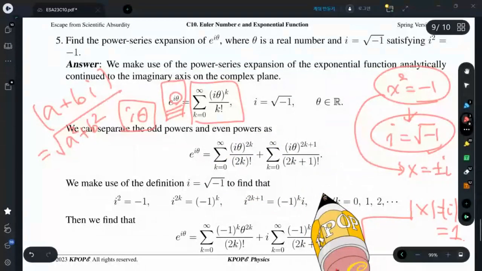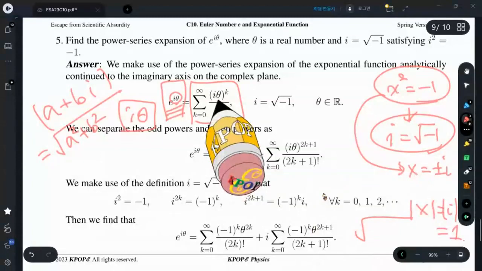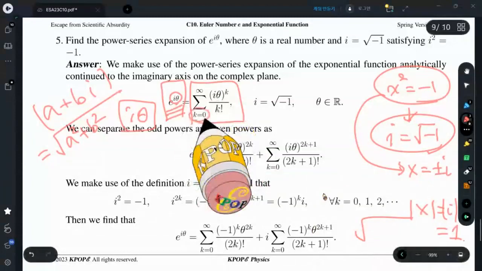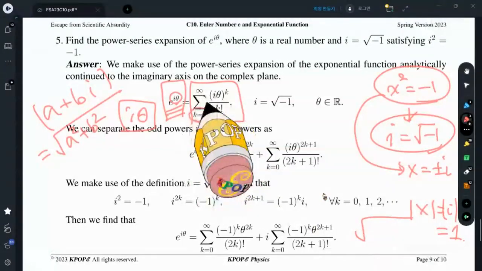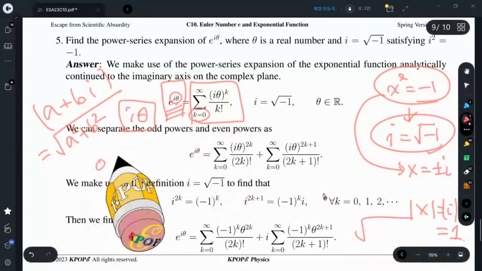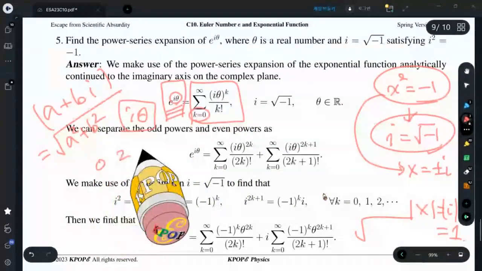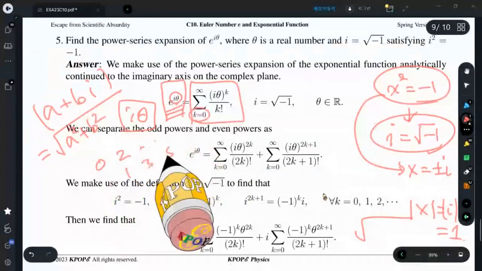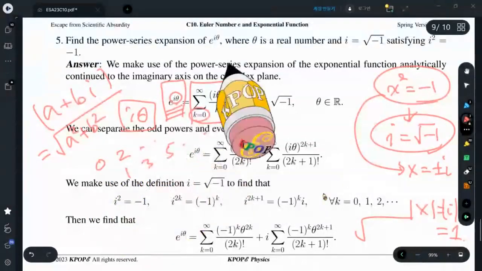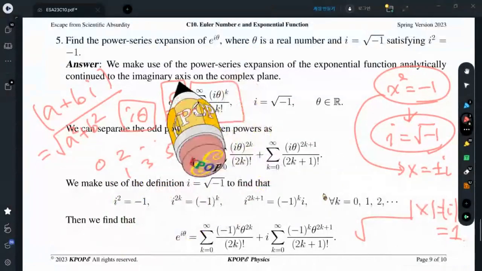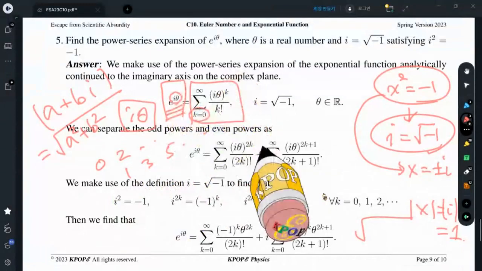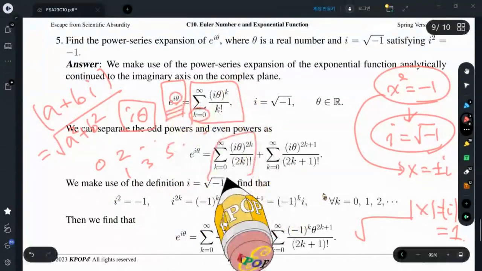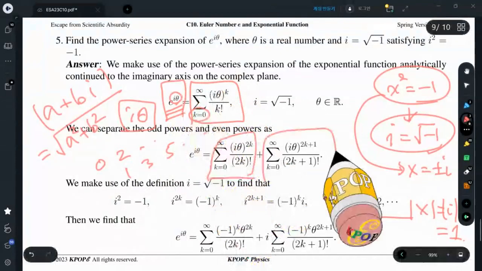So I can expand this. This k runs from 0 to infinity, and this can be separated into two pieces: even numbers 0, 2, 4, and odd numbers 1, 3, 5. I segregated the even and odd.